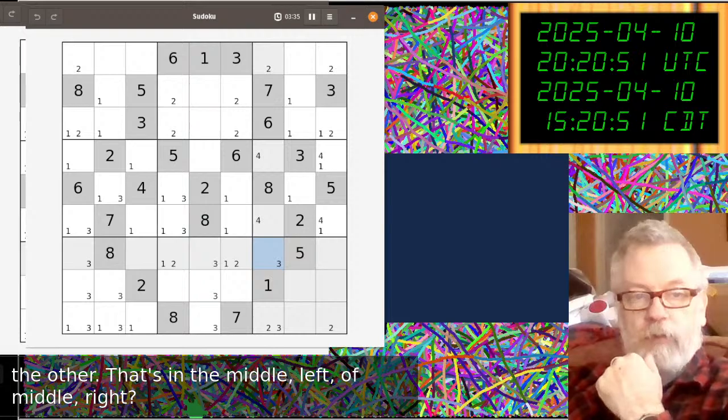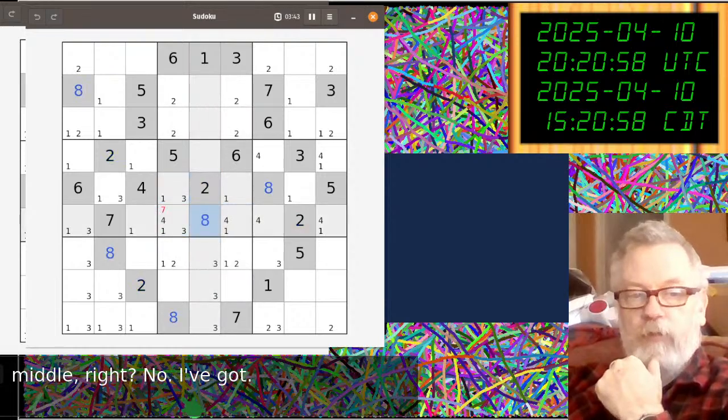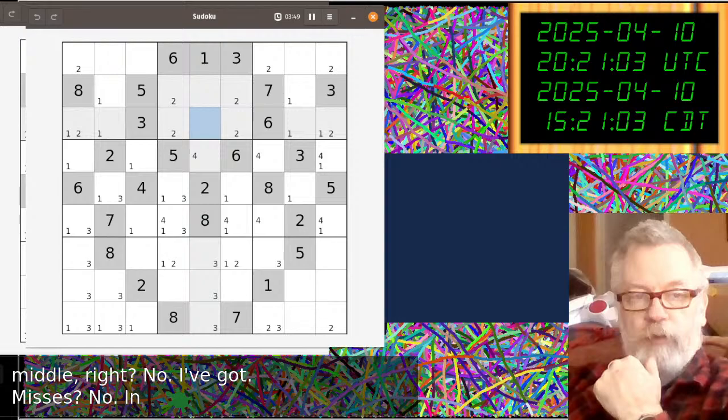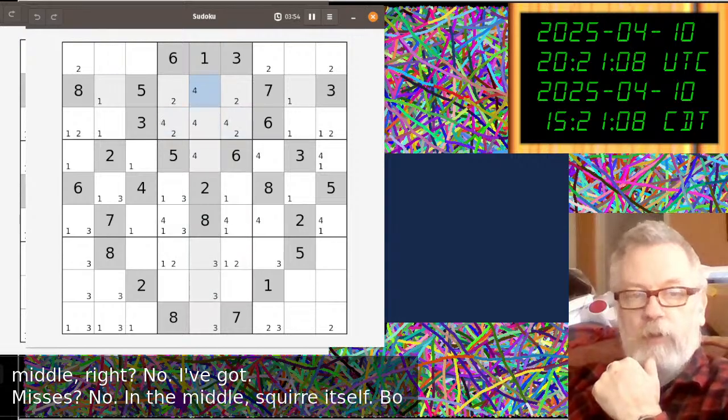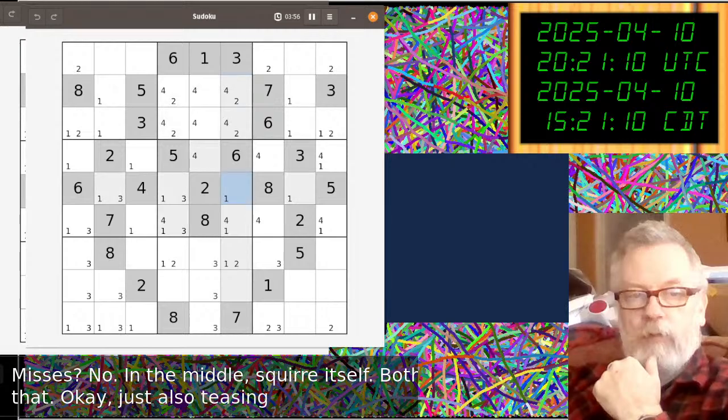I've got 3 possibilities in the middle square, not 4. Above that, I've got 6 possibilities in the top middle, and 7 possibilities in the bottom middle.